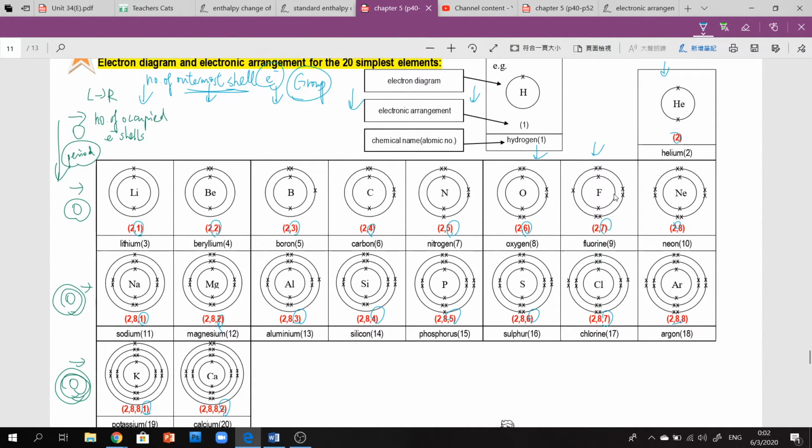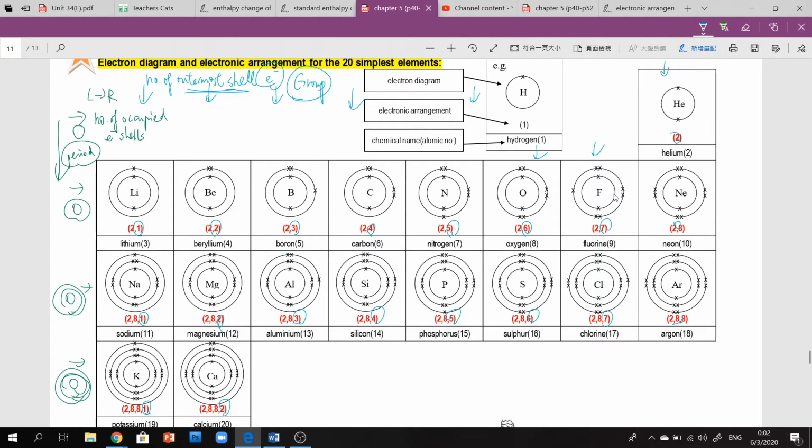You will know this concept in the next chapter. Same group, downward. Same period, horizontal. Okay, can you see that? Yes, that's right. So remember the spelling, remember the order, and remember how to draw the electron diagram.